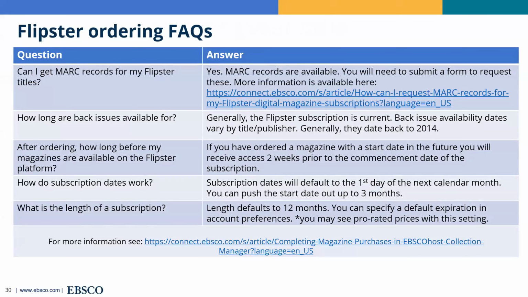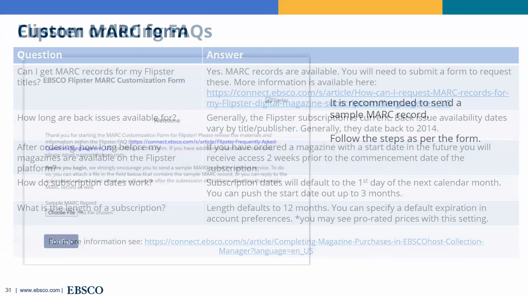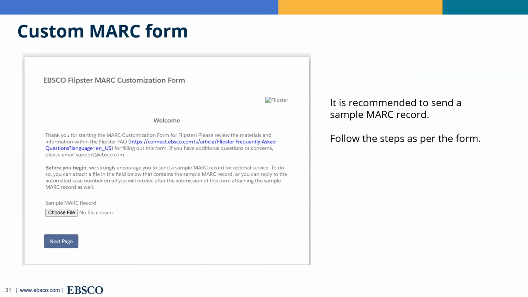So there's a number of Flipster ordering frequently asked questions here. So can you get MARC records for your Flipster titles? Yes, you can. How long are back issues available for? And so on. There is a custom MARC form here, and it is recommended to send a sample MARC record and follow the steps as per the form.